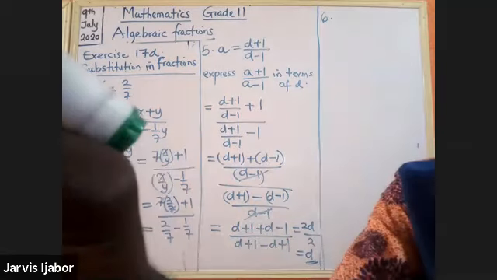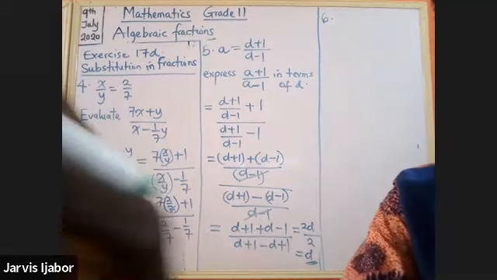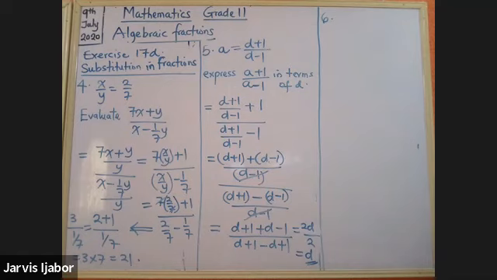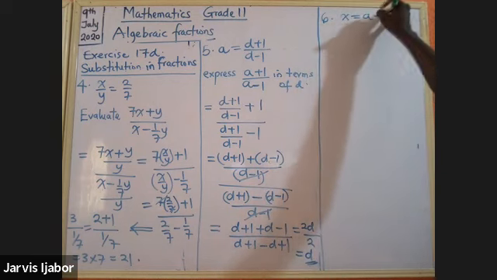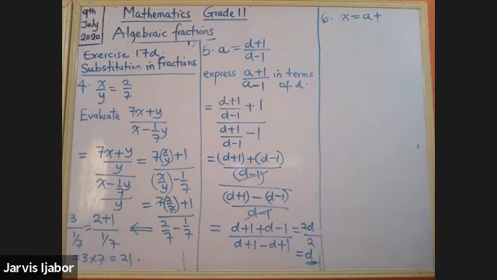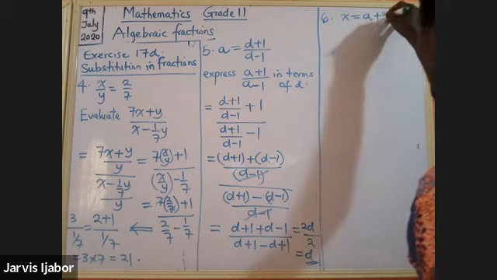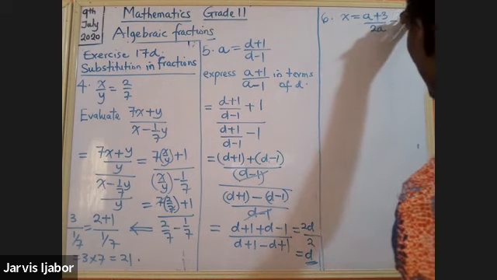Let's look at question 6. In question 6, you have that x is equal to A plus 3 over 2A minus 1.